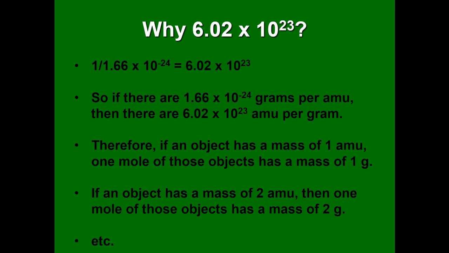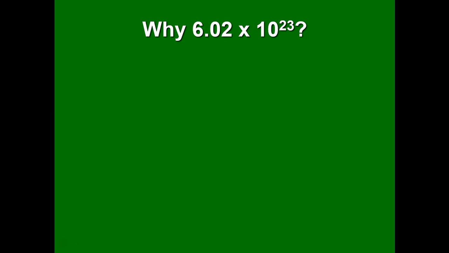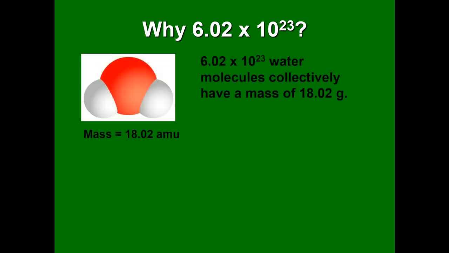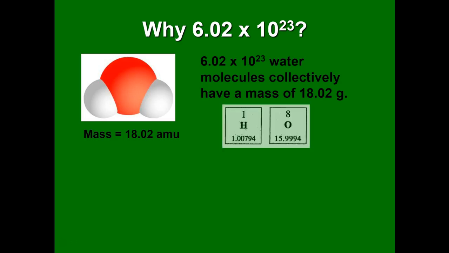So let's just think through this a little bit more. I showed you a water molecule just a second ago. It turns out that if you calculate the mass of a water molecule, which has 1 oxygen atom and 2 hydrogen atoms, so if you take 2 times the atomic mass of hydrogen and then add it to 1 times the atomic mass of oxygen, and round it to 2 decimal places, you get 18.02 AMU for 1 little tiny water molecule.